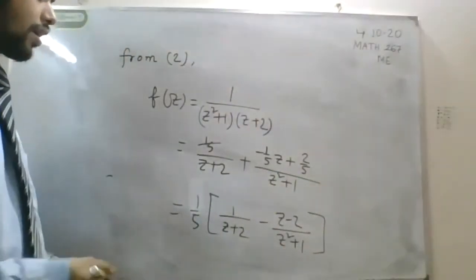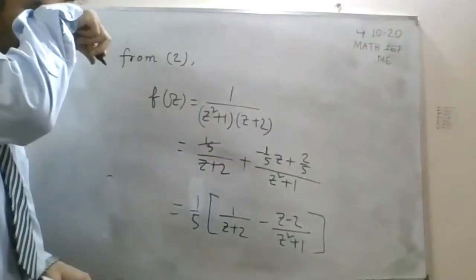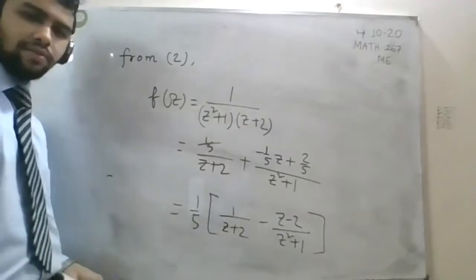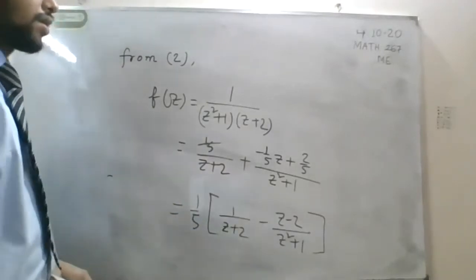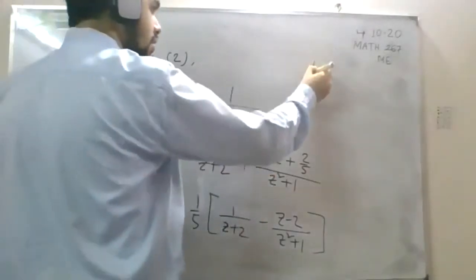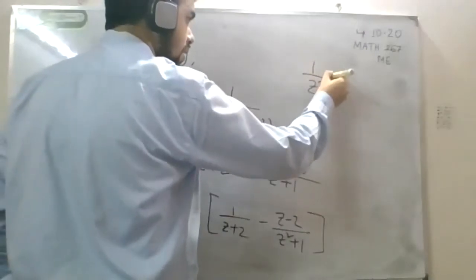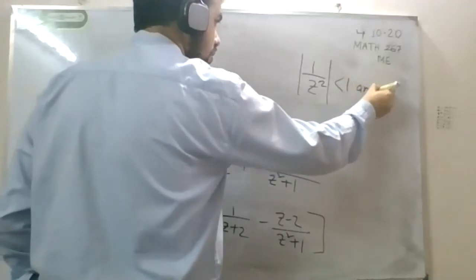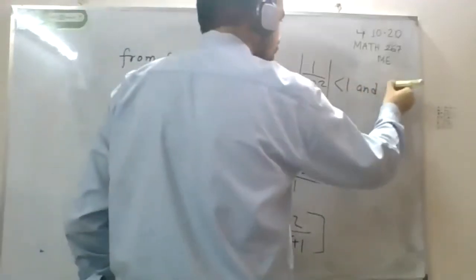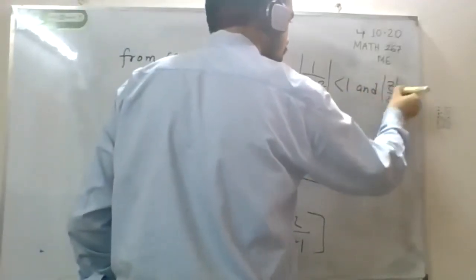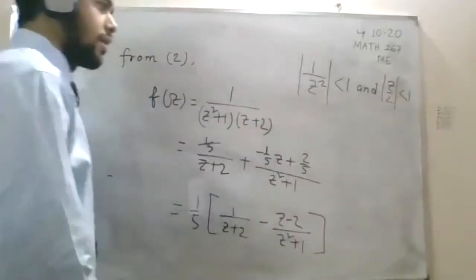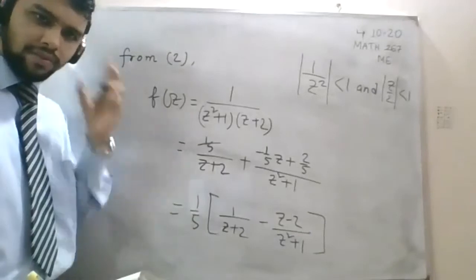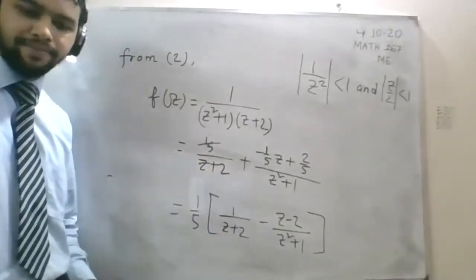Okay, now tell me, how can we find out the Laurent series from this equation? Our given region will be mod z less than 1, and also z by 2 less than 1. Now please tell me the Laurent series from here.